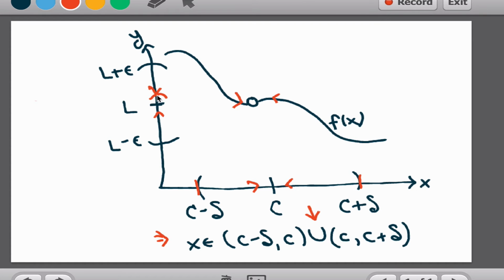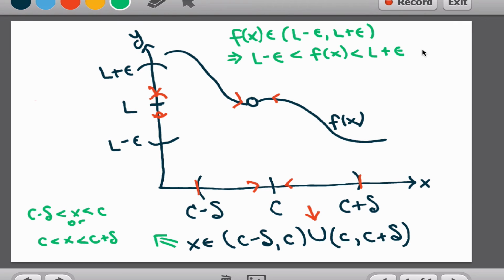If we add epsilon, we could end up here and here around L. If there's any small distance away from L, above L or below L, remember L is the limit, and we can find some small distance around c for which, when x is in this small interval, we can also find an f of x value in this interval, then the limit exists and it is L.